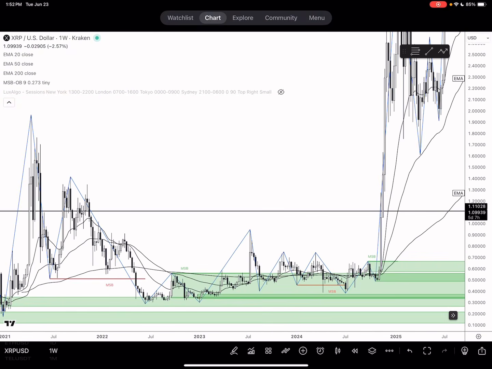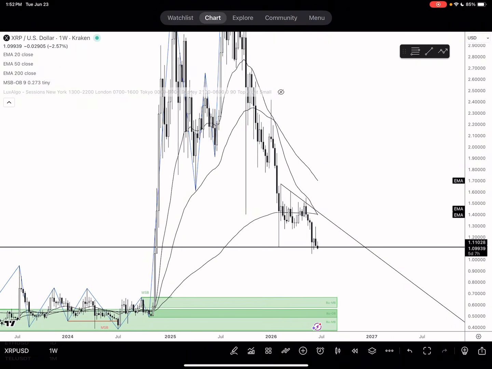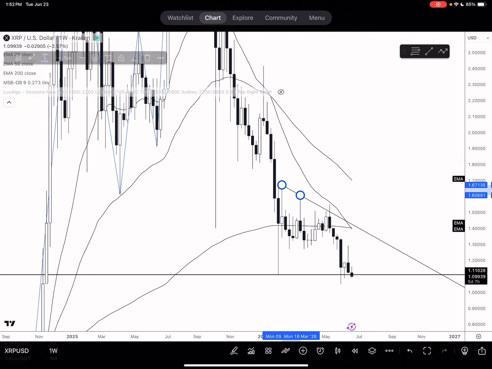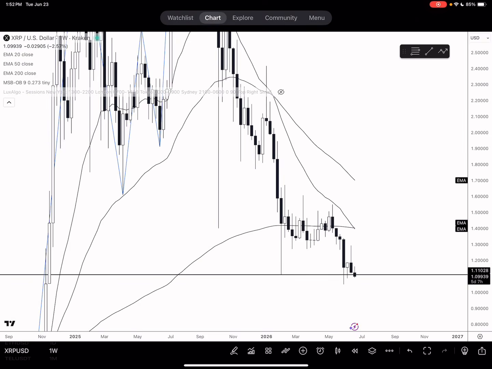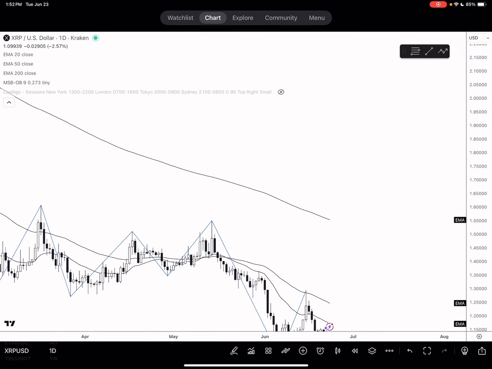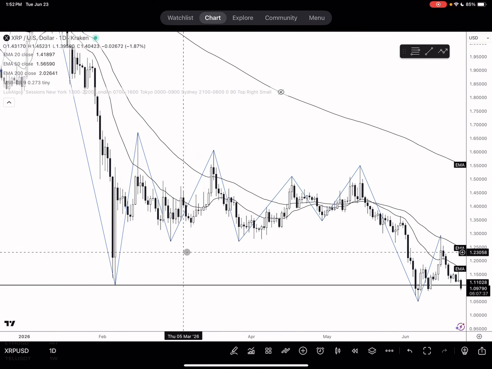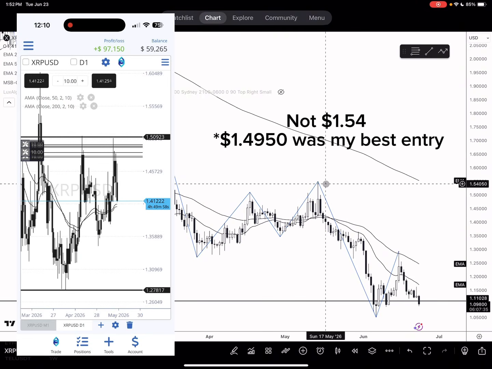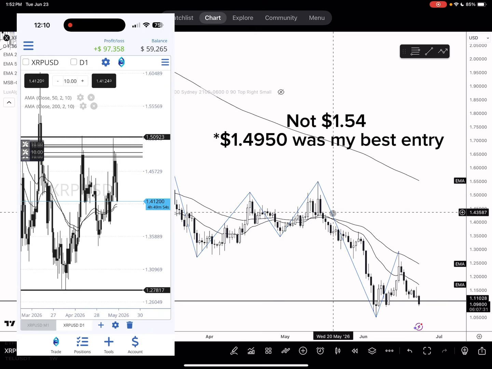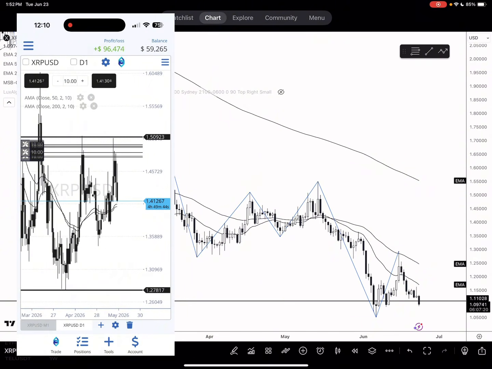XRP. And if I delete this real quick, go to the daily. XRP, I had 100 lots at 154, and I closed at 143, I believe it was, because the previous 2-3 trades I took, I kept getting stop loss at break even.